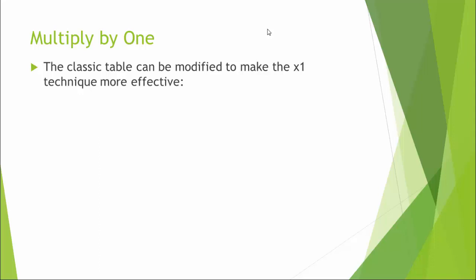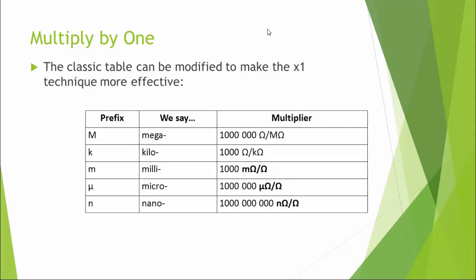Okay. Now we can modify our table a little bit to, if not make the multiply by 1 technique more effective, at least make the numbers a little easier to manage. So this is a modification of the table where on the top we've still got 1 million ohms per mega ohm, 1,000 ohms per kilo ohm, as we had in the previous one, but we've inverted the other ones. Remember, it's multiply by 1 technique, so they're still equal either way.